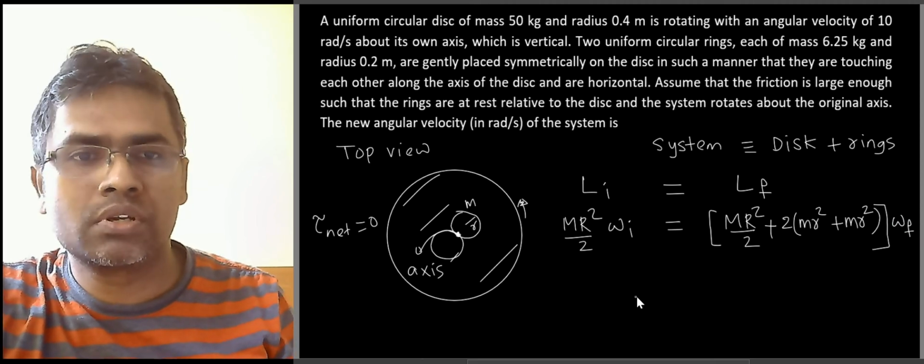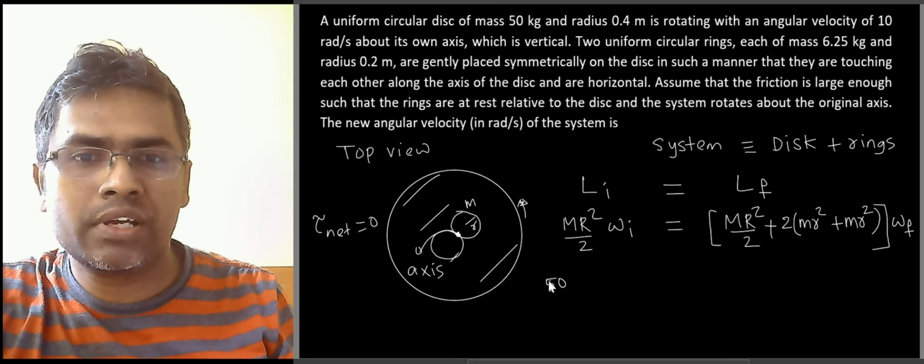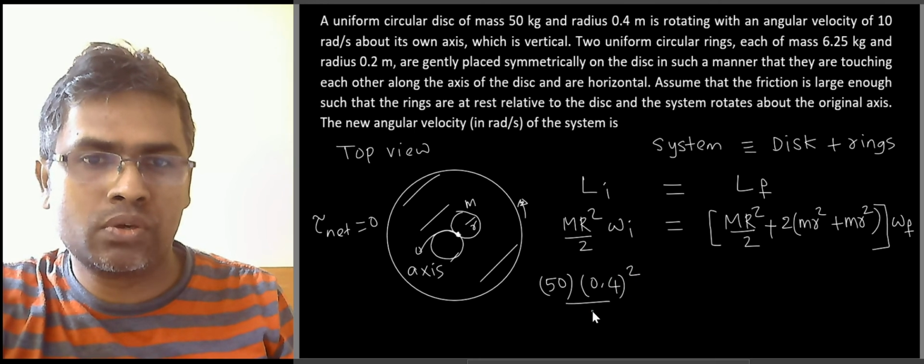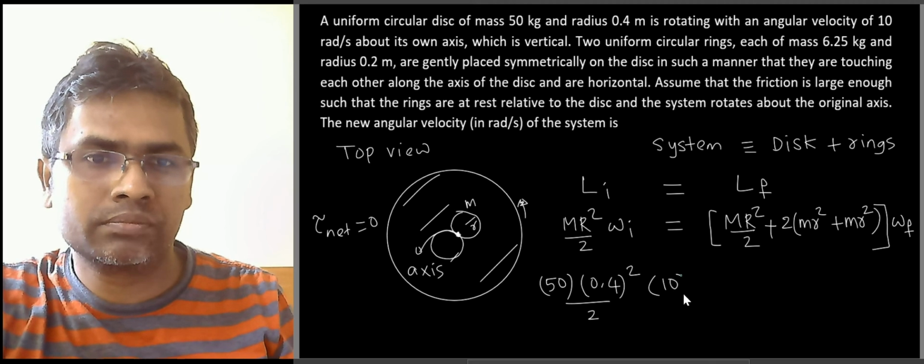Now here I think if you substitute the values, mass of the disk is 50, radius is 0.4 square over 2, and initial omega is 10.